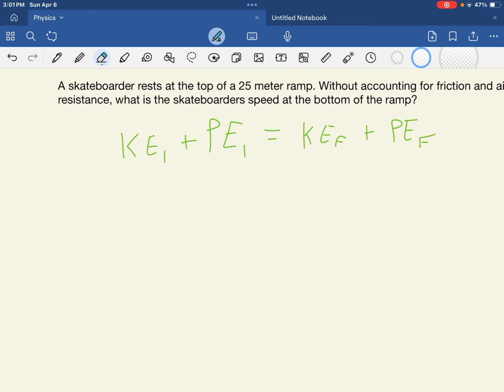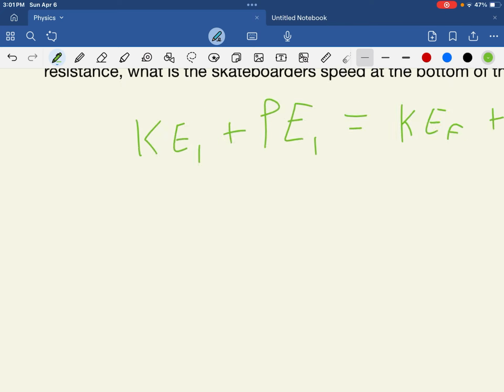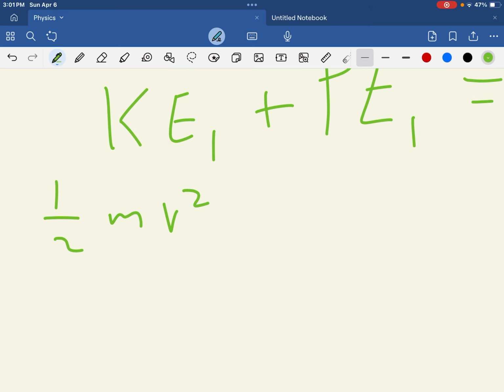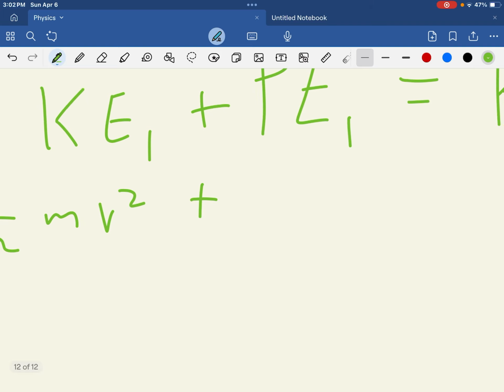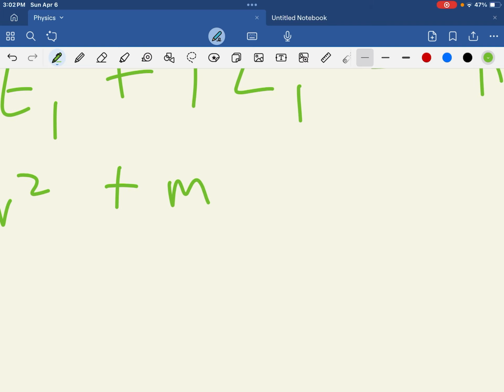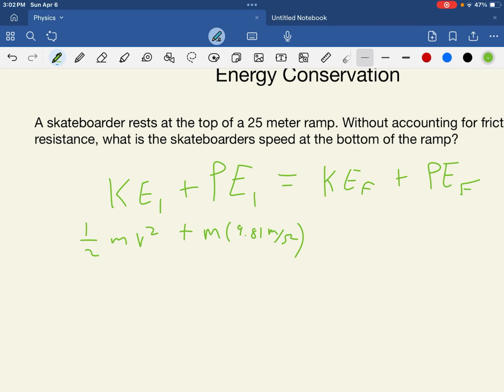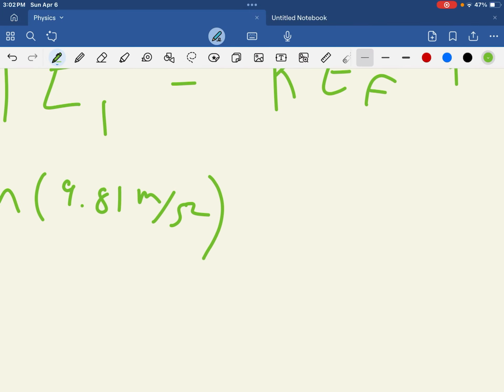So now, how do we get these things? We know kinetic energy is 1/2 mv squared, and potential energy is the mass, which we're not given, times gravity, which is just 9.81 meters per second squared, times the height, which in this case is 25 meters.